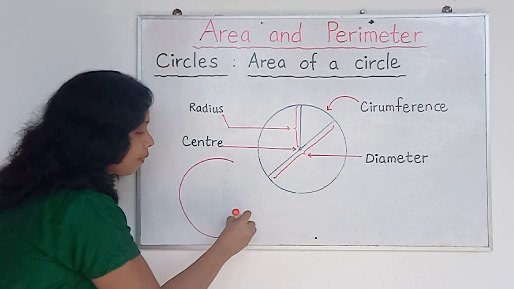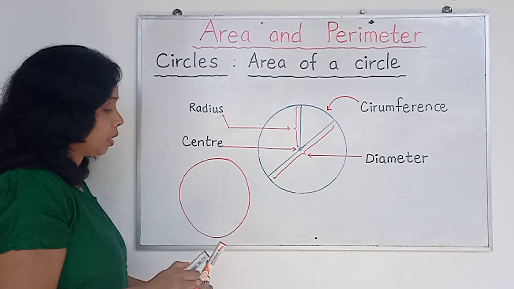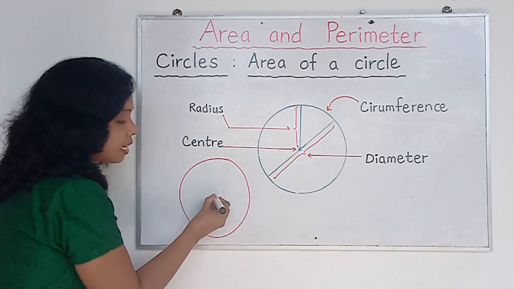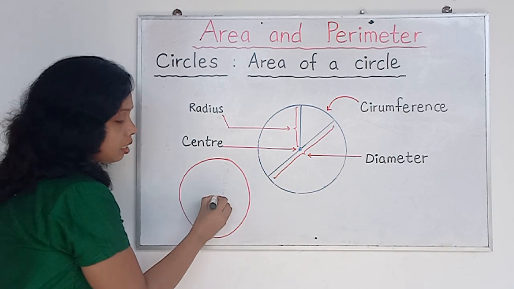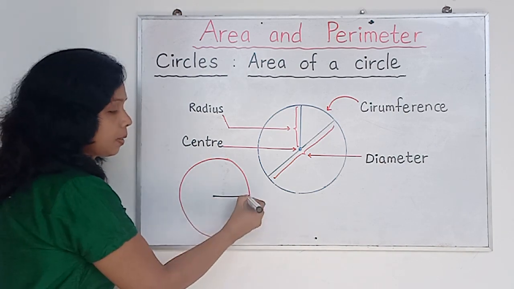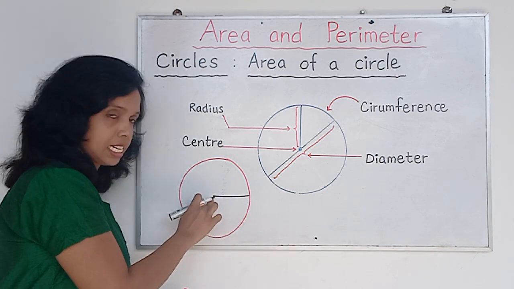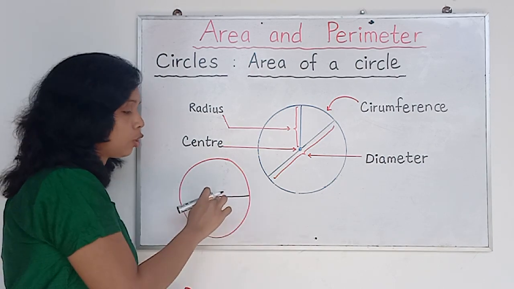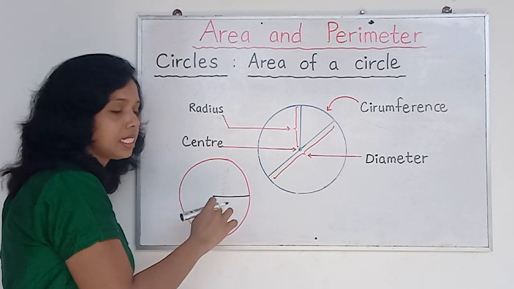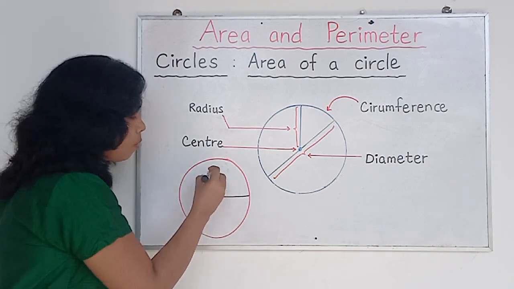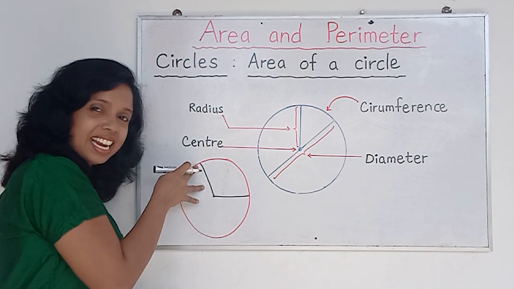Now look at this. I'll draw another circle. Now you know this is the center. From the center, what is this? The straight line joining the center to a point on the circumference. It is the radius. And this distance? Again, it is the radius.